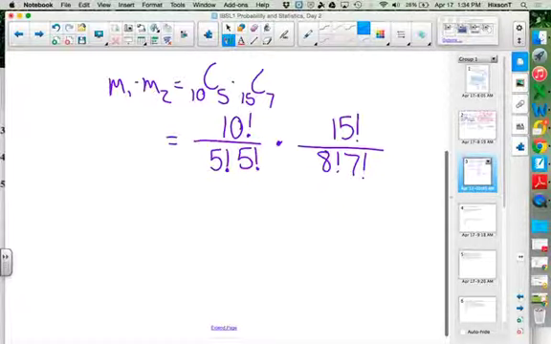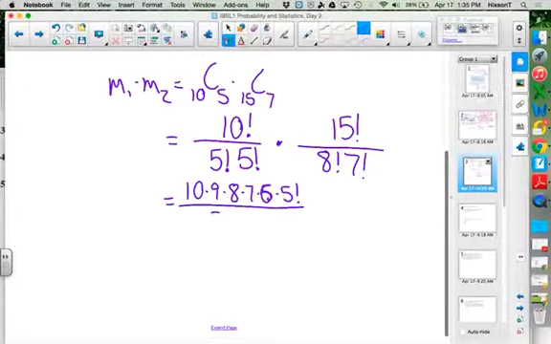Write them out, cancel out common factors until your denominator is completely canceled out, and see what's left. That's the right answer.